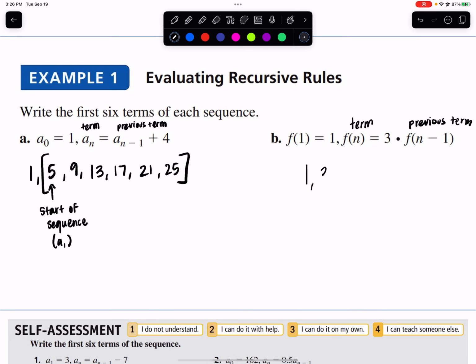So 1 times 3 is 3, times 3 is 9, times 3 is 27, times 3 is 81, times 3, hold on, is 243. I had a brain fart there. So this is my answer right here.